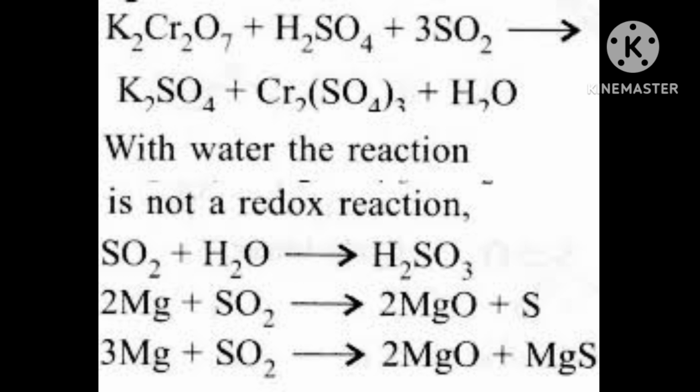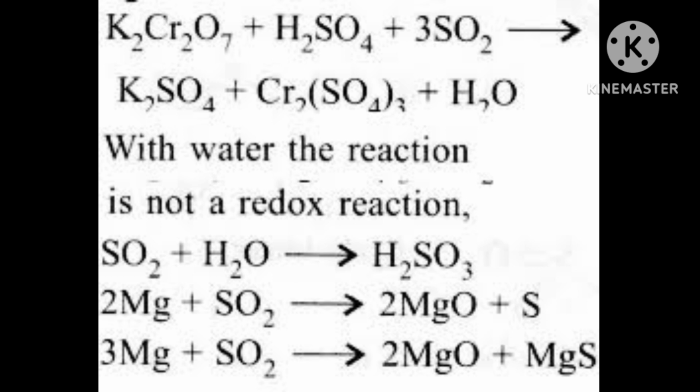If we look at the reactions, what will we find? The hydrogen ion concentration of the solution plays an important part in influencing the reaction. In the first reaction no hydrogen ion was used, but in the second and third you have used hydrogen ion, which means acidic medium.